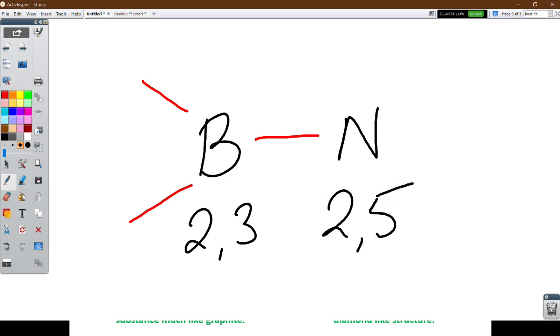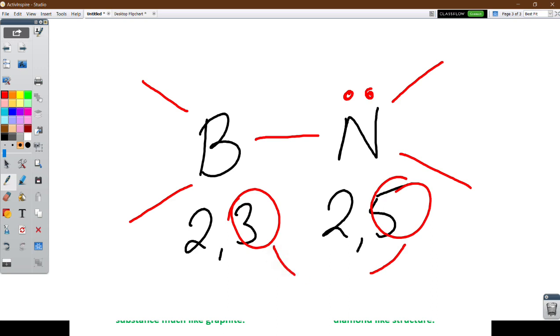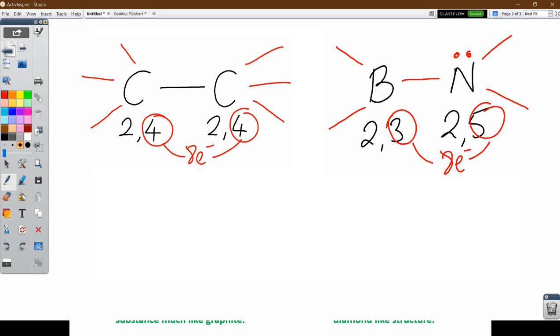And nitrogen is capable of forming 3 covalent bonds as well. And it also has a lone pair of electrons. So here then, the total number of electrons in the outer shells again comes to 8. And so, just as we saw with carbon, we have 8 electrons involved in bonding. We have 8 electrons involved in bonding with boron nitride also.